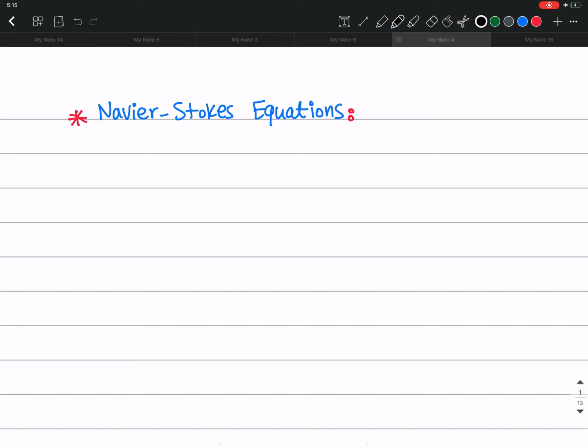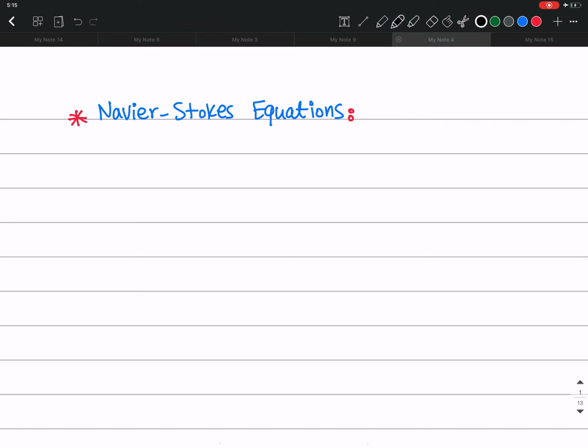Hello everyone. In this lecture, we are going to derive the Navier-Stokes equations. This is the governing momentum equation for viscous flows, and it's the final equation that we are going to derive for the momentum equation.